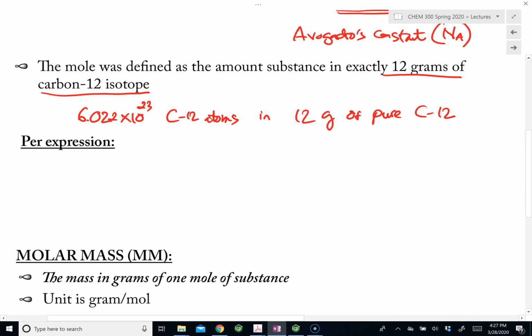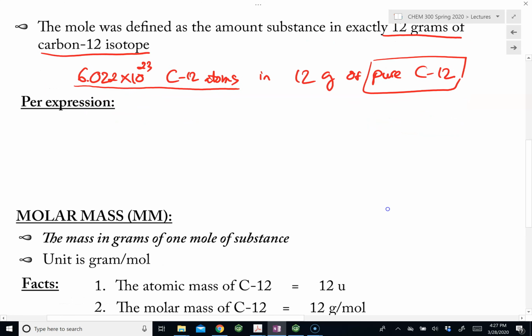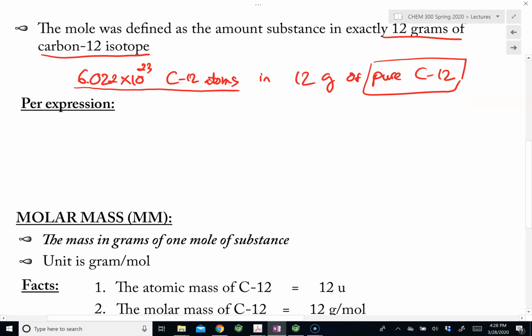So if we have a sample of pure carbon-12 and we weigh out 12 grams of it, then in this 12 grams we will find 6.022 times 10 to the 23rd carbon-12 atoms. And therefore, we have the following expression.